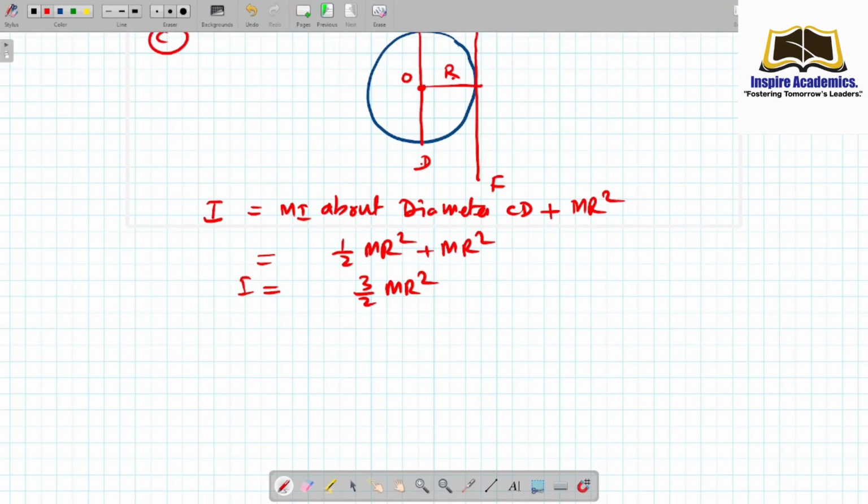If we take moment of inertia of a thin uniform rod, how would that be?